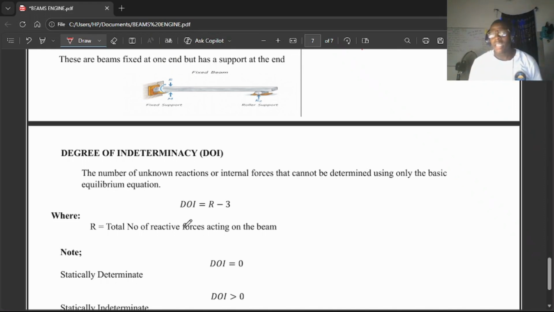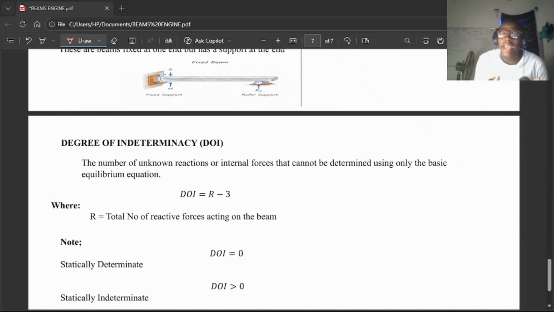Am I communicating? Now note, when you consider your R and you now know your DOI, for your DOI to be equal to 0, that means that beam is statically determinate. But in a case where your DOI is greater than 0, it is statically indeterminate.